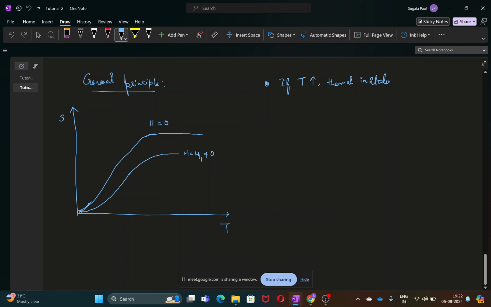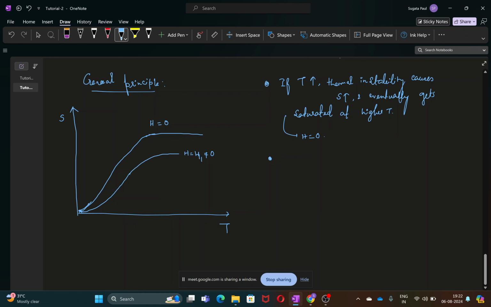Thermal instability causes the disorder to increase, and that's why entropy increases, and eventually gets saturated at a higher temperature. Okay, that is fine, but this is the case for H equal to 0, when there is no magnetic field applied on the sample.